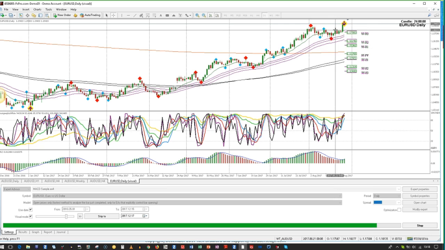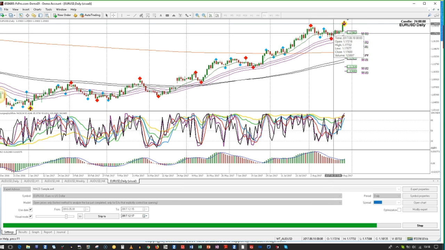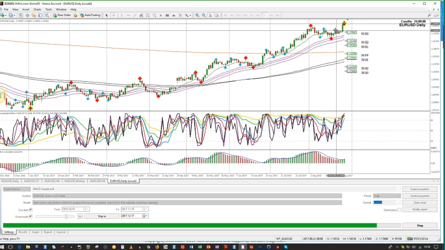It's there, right at the top there, not down here. The blue bungee had not turned over and we could have gone lower. You need to wait for those. You might lose a few pips every now and again, but you might save yourself a lot of pips.